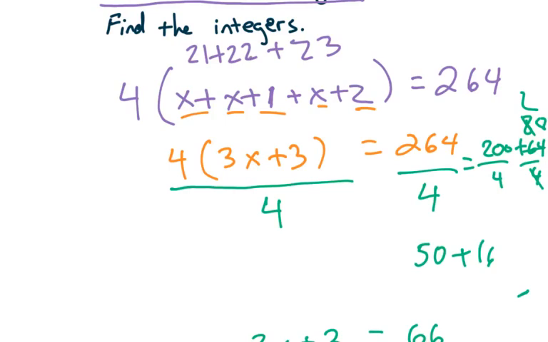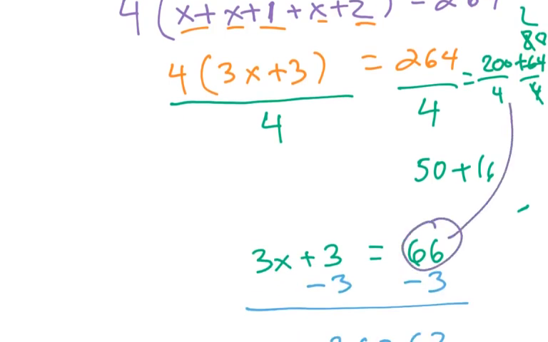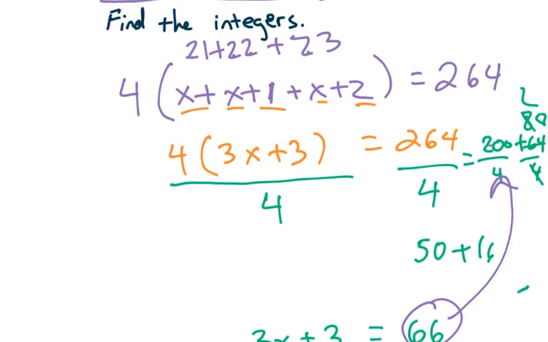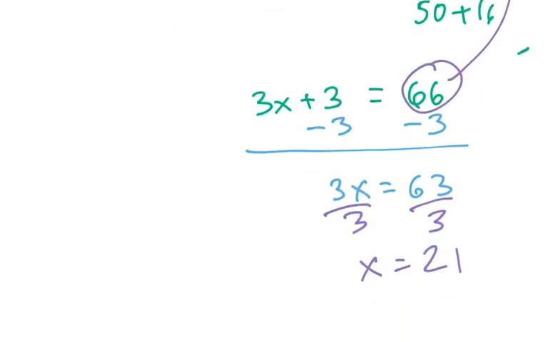So 1 plus 2 is 3, plus 3 is 6, 2, 4, 6, so 66 times 4, well, that's what I did here. 66 times 4 gives me 264. So this does give me 264. And I'm correct. So the integers are 21, 22, and 23.